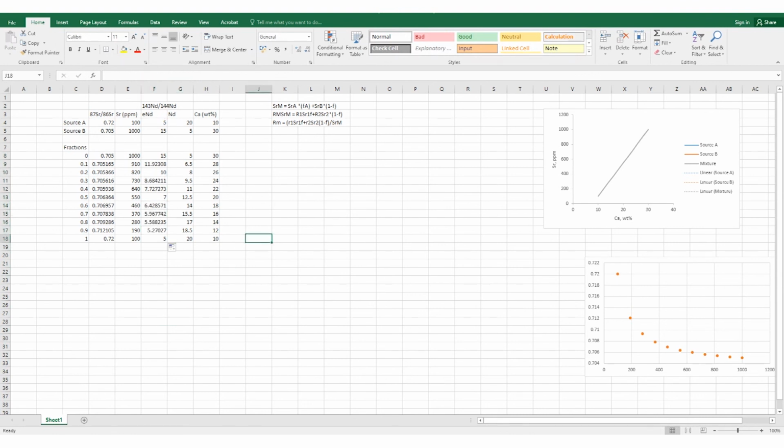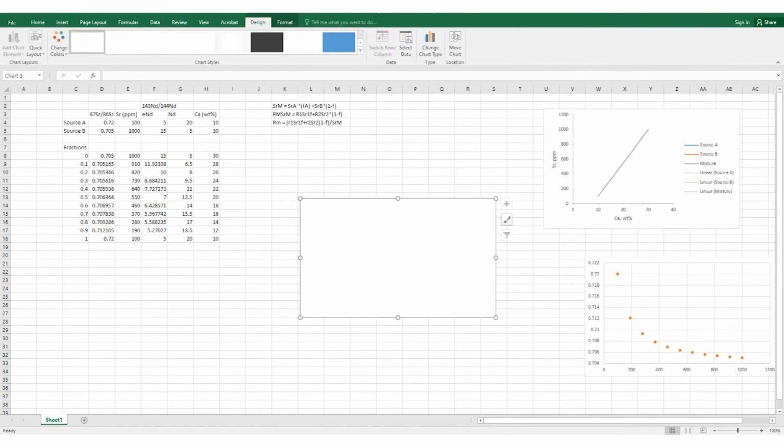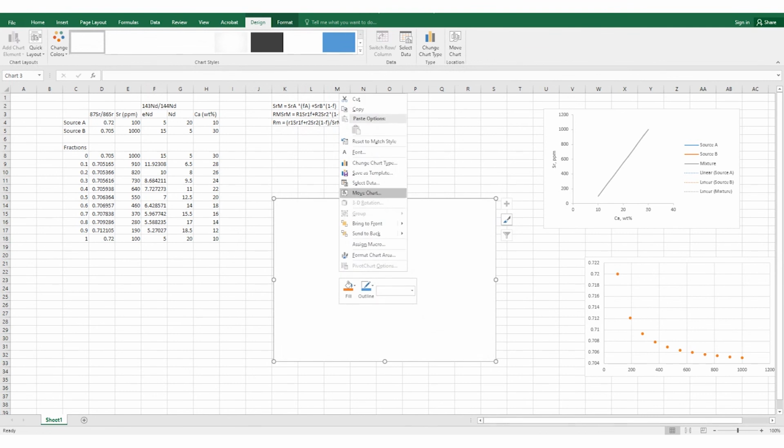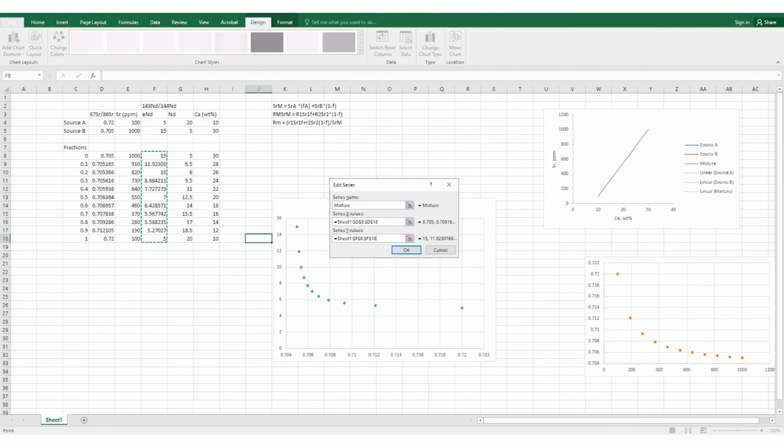Now, if I plot the two isotopes, let us say strontium isotope and neodymium isotope, select data, add, we are doing this for a mixture. In the x axis we put the mixture value for strontium, and in the y axis we put the epsilon neodymium value.